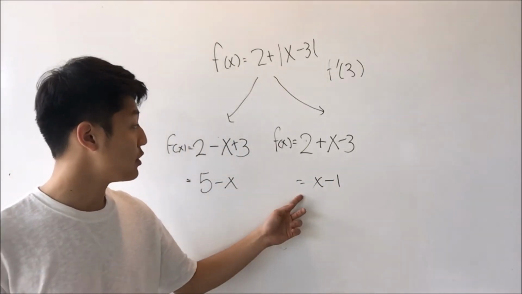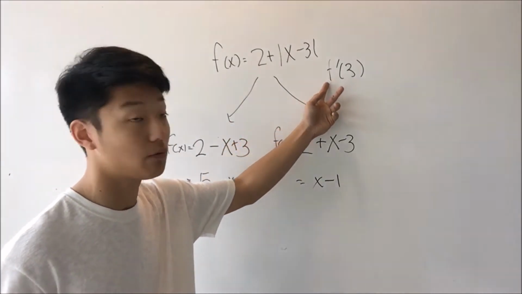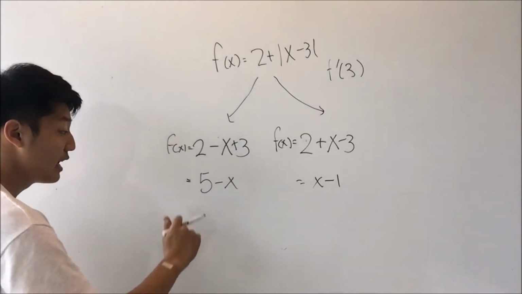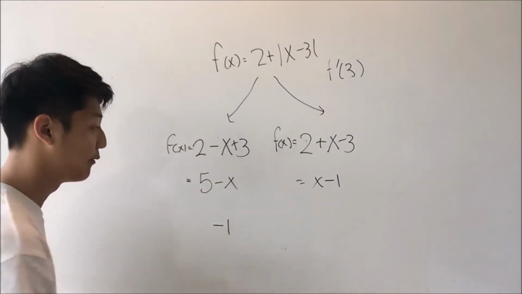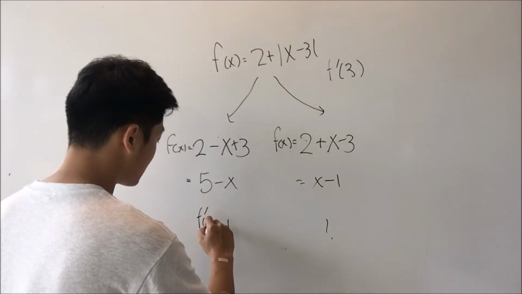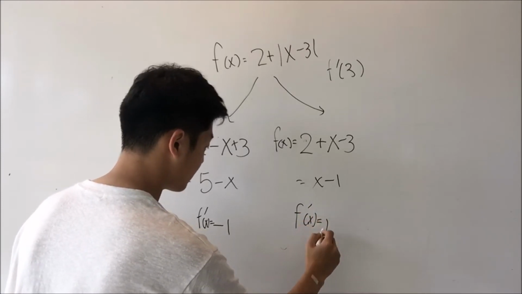Now it's our job to differentiate this because we have to solve for f prime x at 3. x is at 3, so we have to differentiate this. And one answer will become negative 1 and one answer will become positive 1. So f prime x is equal to this, or f prime x is equal to this.